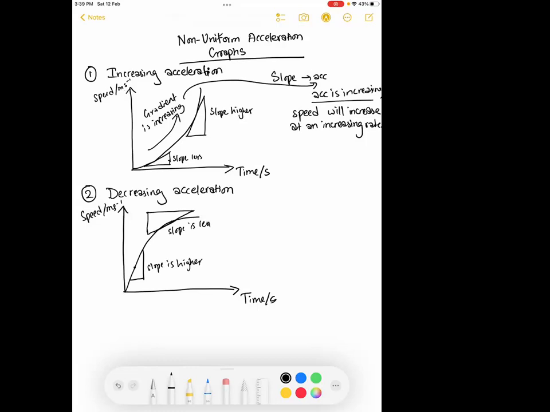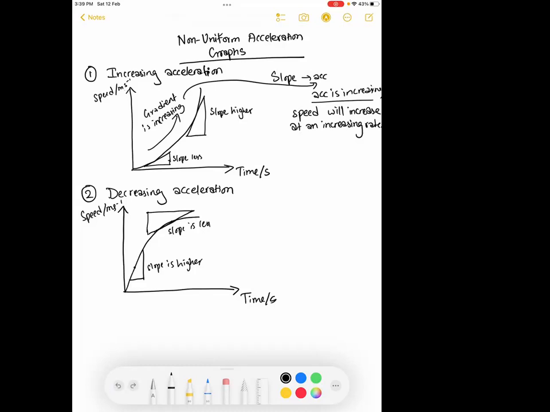So that means the acceleration is actually decreasing, okay? Because the slope is also decreasing. You can easily see it with your eye, it's actually decreasing, and it's quite steep, okay?